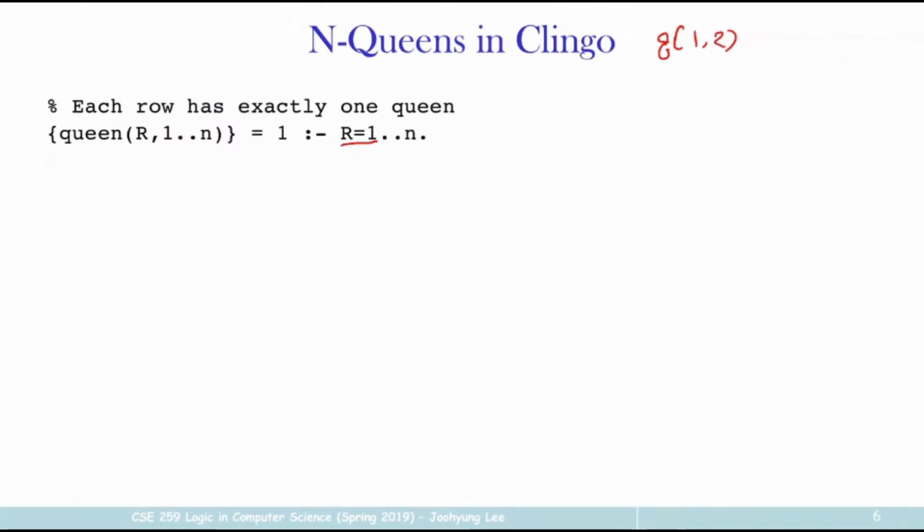First, the global variable R will be replaced by 1, 2, 3. If R equals 1, the first rule that you see will give you 1 {queen(1,1..3)} 1.